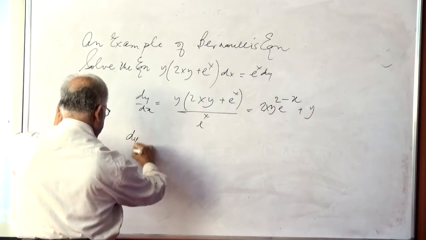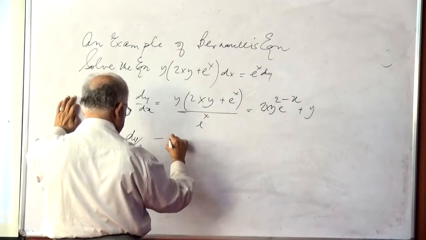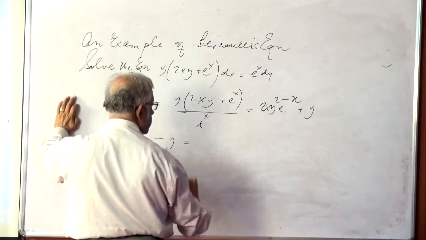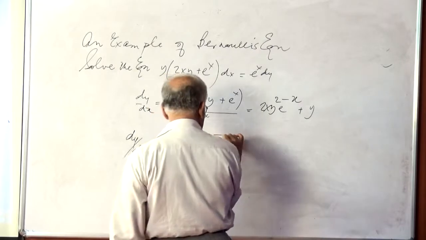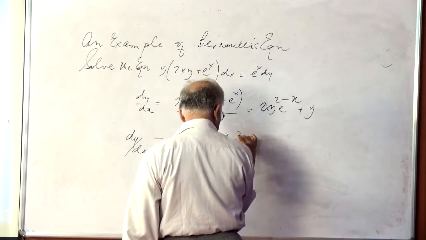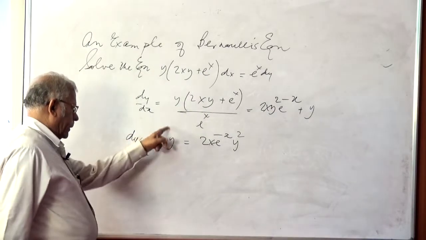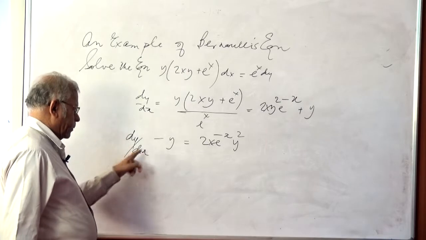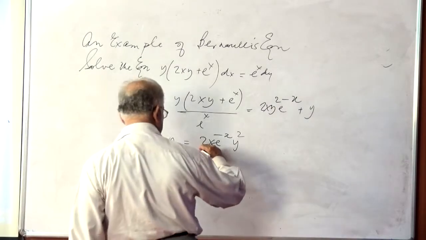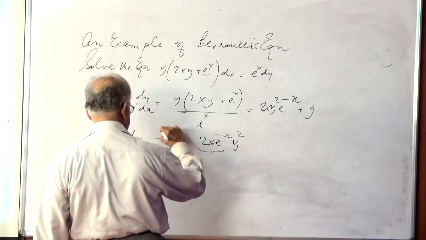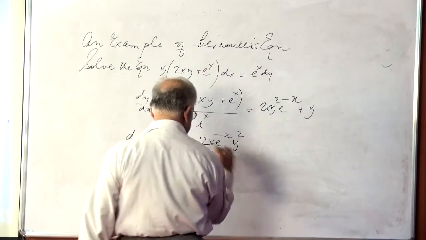We get dy/dx minus y is equal to 2x e to the power of minus x into y squared. Now one can see that our P is minus 1, and of course Q is this much. So P is minus 1 and this is the expression for Q.